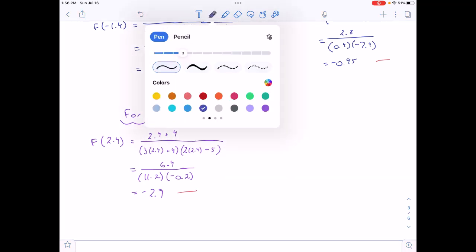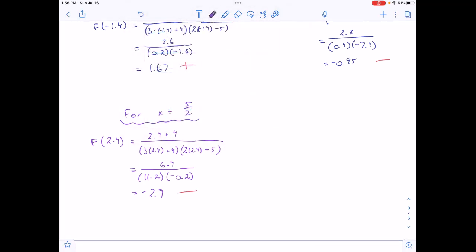And then we'll try the last side. A little bit to the right of 2.5 is like 2.6. So we'll do 2.6 plus 4, all divided by 3 times 2.6 plus 4, times 2 times 2.6 minus 5.